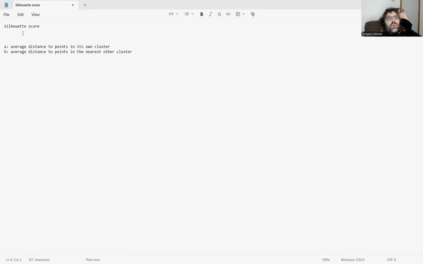So silhouette scores are initially assigned to points. We're going to take some averages later on, but for now, you have a point, and that point has been assigned to a cluster. And there are other clusters as well.